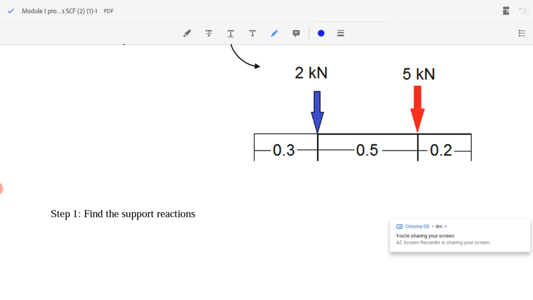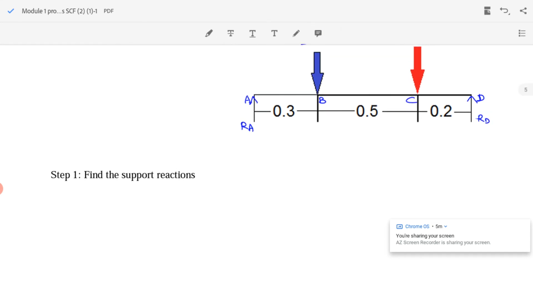First I will mark all those points A, B, C and D. Now we have to find the support reactions RA and RD. I can see that these external forces are acting downwards. So for time being I will assume both RA and RD are acting upwards. I will find the support reactions RA and RD.